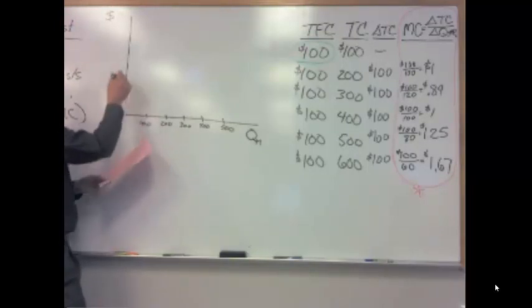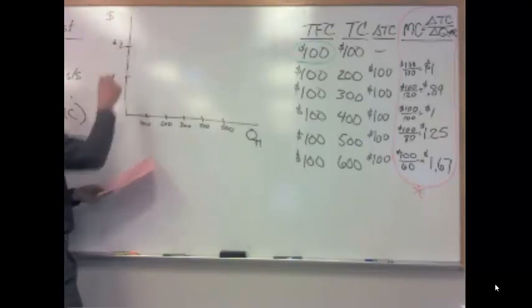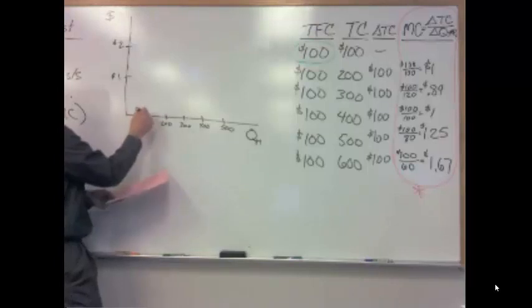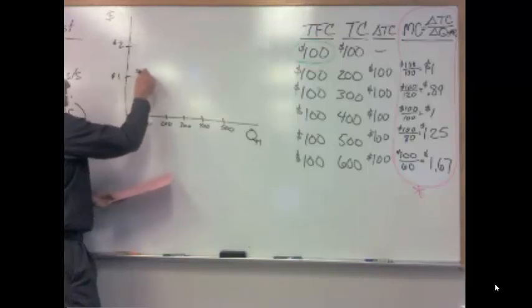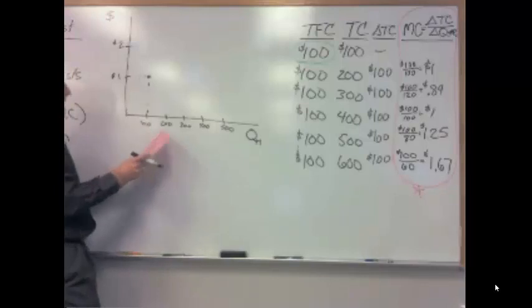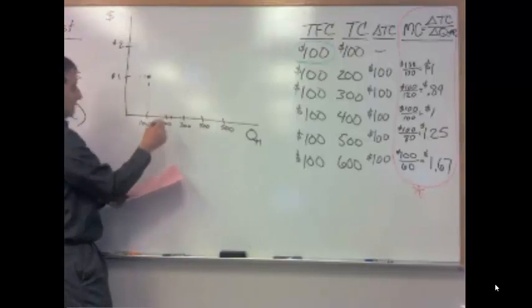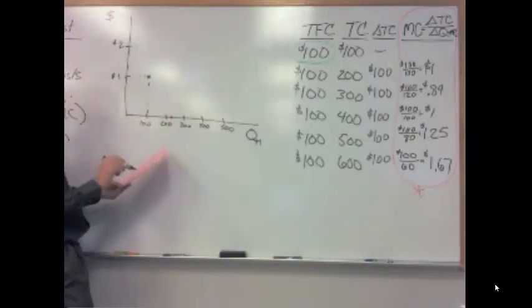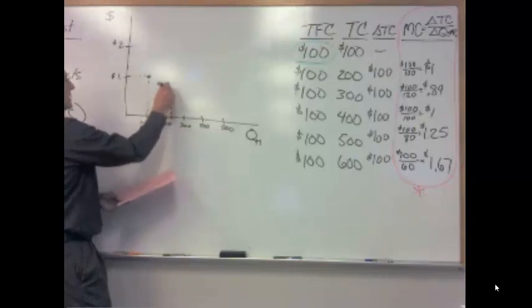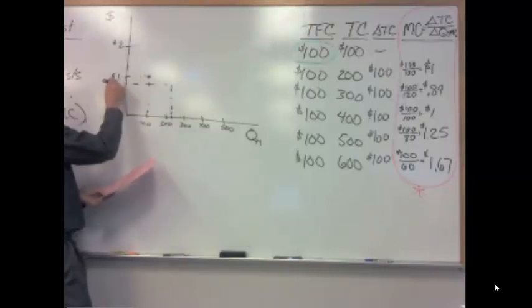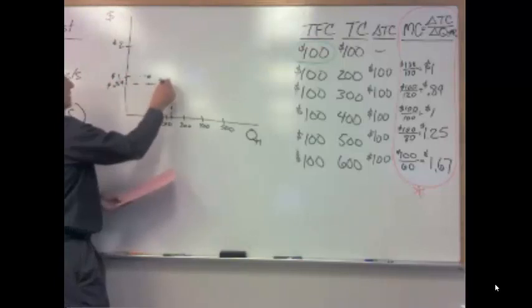So if we go, let's see, $1, $2. The marginal cost at 100 units was $1. At 220 units was our next jump up. We had 84 cents. 0.84 is somewhere over here.